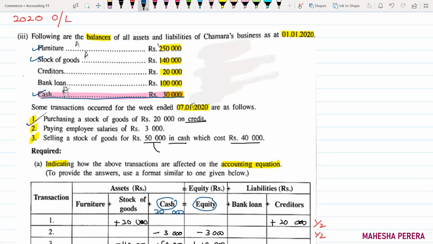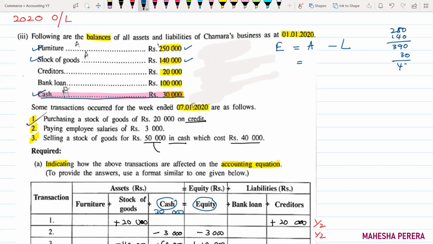How to find it? We know that we can find equity by deducting liabilities from the assets. So what's the total of assets here? Furniture is an asset, stock is an asset, and cash is an asset. So in this case, 250,000 plus 140,000, it's 390,000, and again we need to add 30,000.